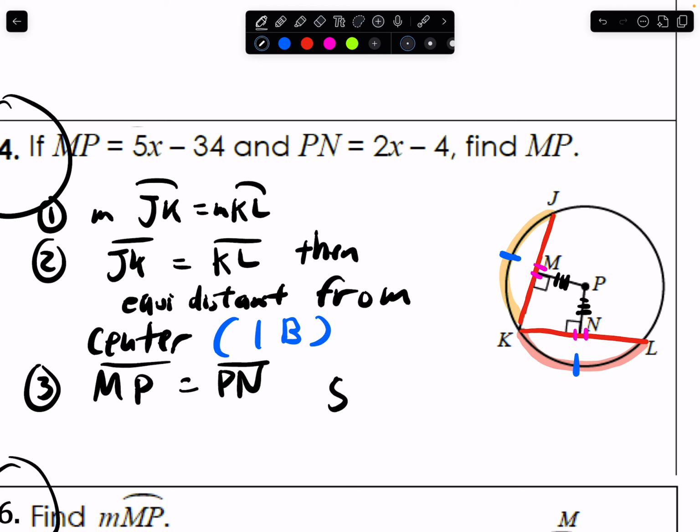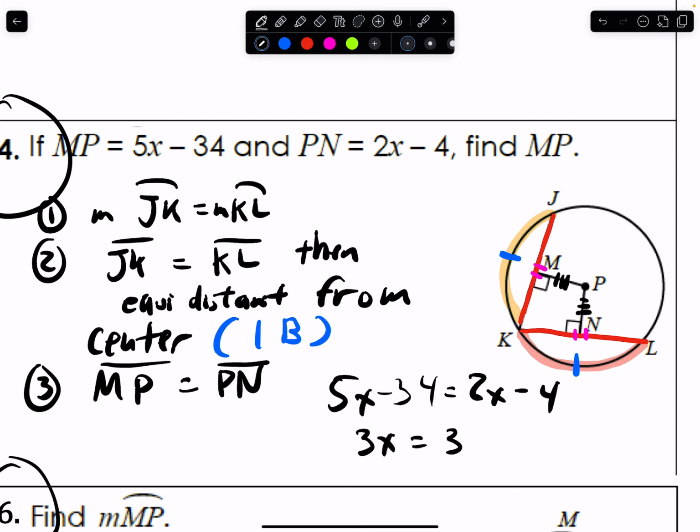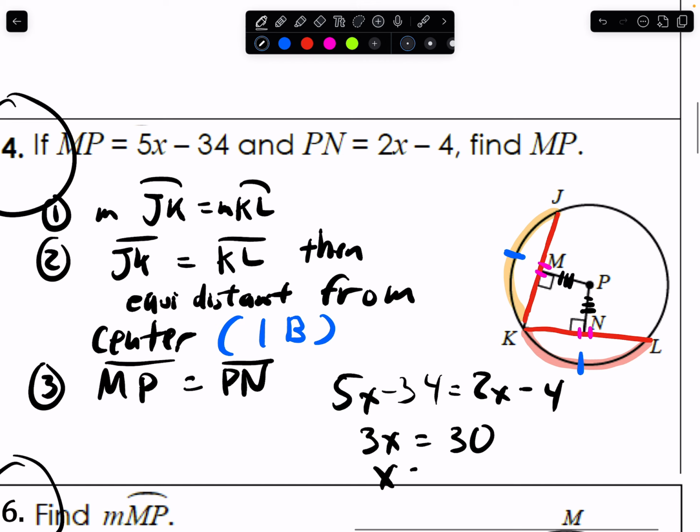Now we can write 5x minus 34 is equal to 2x minus 4. Then you can solve: 3x is equal to 30. Let me watch that math. x is equal to 10. 10 is good, but it does want MP, so I'm going to plug it back into MP.